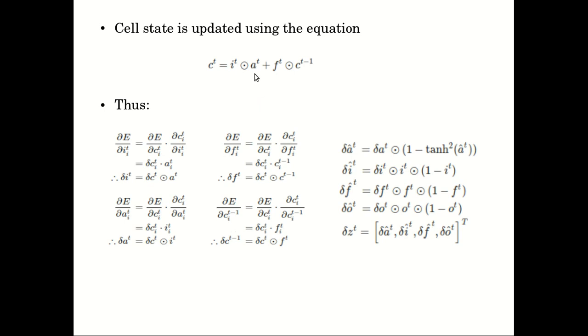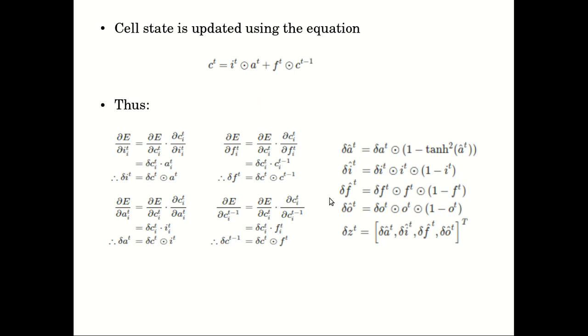Now this part is a constant and it reduces to 0. So the derivative of c_t with respect to c_{t-1} is f_t. So the final equation is the gradient of c_{t-1} will be the gradient of c_t pairwise product with f_t.